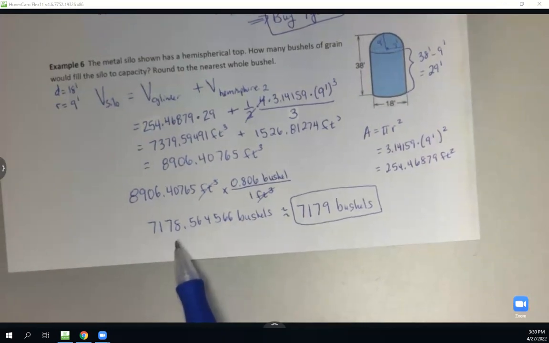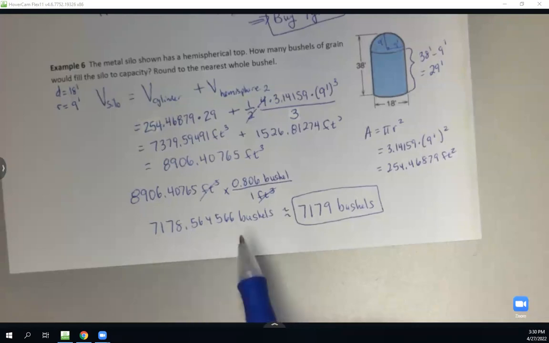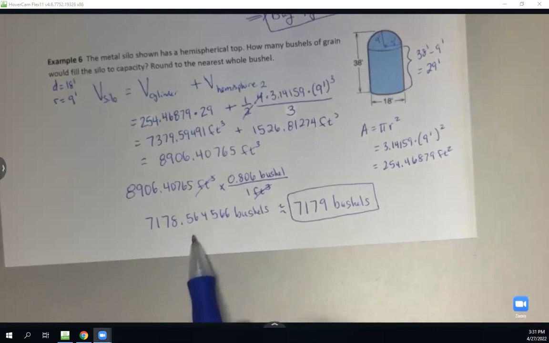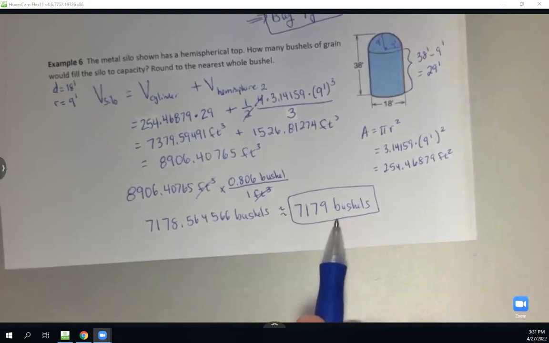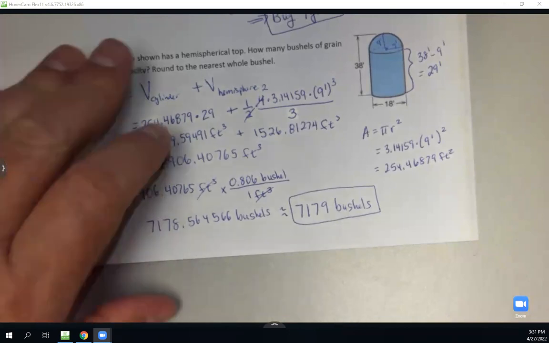Does that make sense? So really, I should probably round down instead of up and say 7,178. Okay, does that make sense? Just because if literally that's the capacity, then I couldn't go up to 79. That's a little bit too much. It'd be spilling out. Okay. Any questions about that?